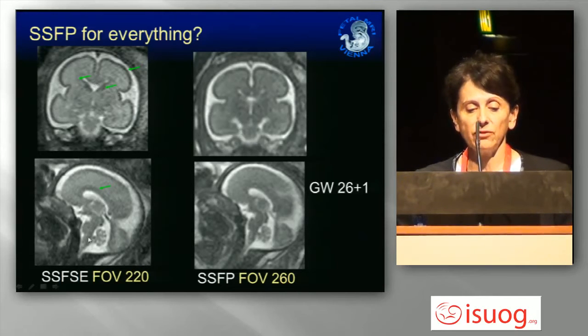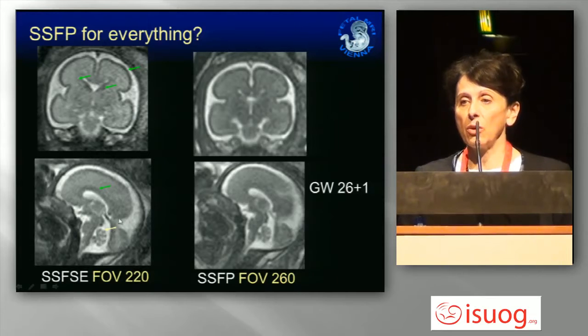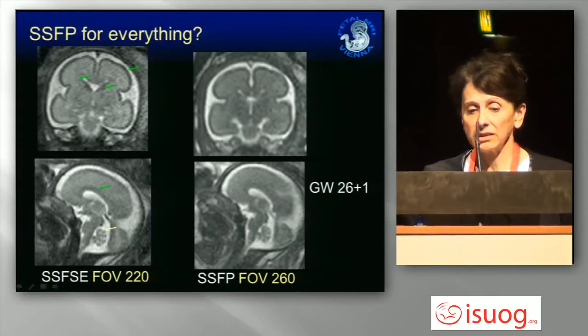But on the other hand, if you look at the cerebellar vermis, there the resolution is much better, and here you really can see the sulcation. So you must know what parameters you use to answer which clinical question.